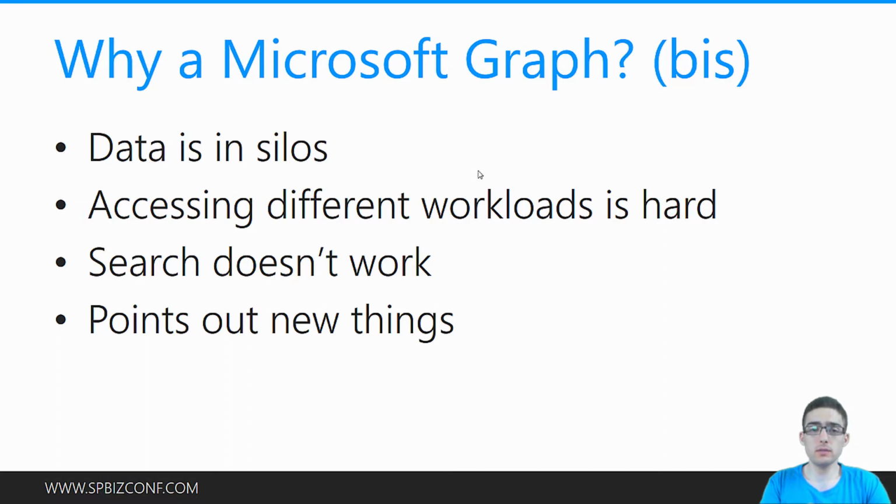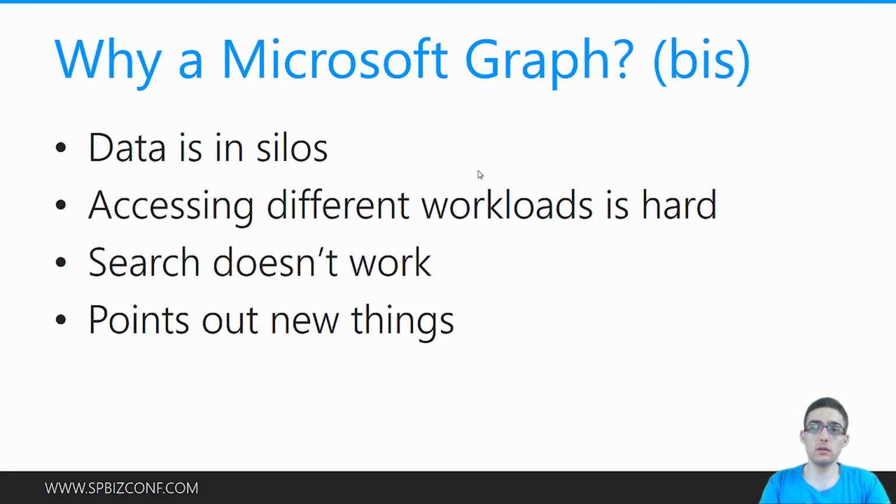Another reason is because right now you have SharePoint on one side, Exchange on the other side, Lync or Skype for Business, and so on, with Yammer, with OneDrive and things like that. And all the data is separated, and it's very complicated to relate things coming out from Exchange, from SharePoint Online and Yammer together, link them together and have some clever knowledge about your data in the company.